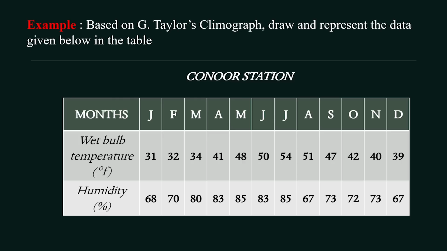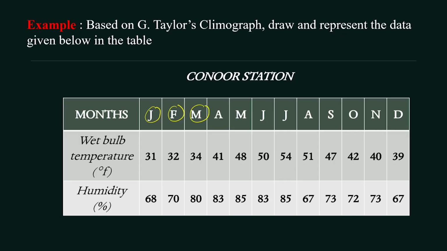Here I have given the data for Coonoor station in Tamil Nadu. You can see J, F, M, all these are nothing but the short forms of the months January, February, March and so on. Here we have the wet bulb temperature in degrees Fahrenheit and humidity in percentage.